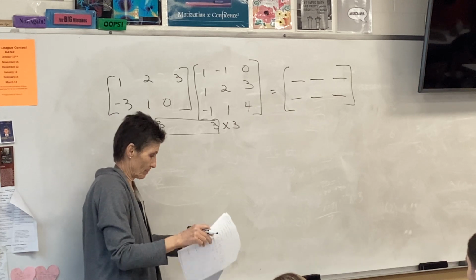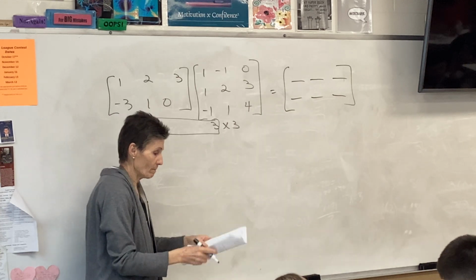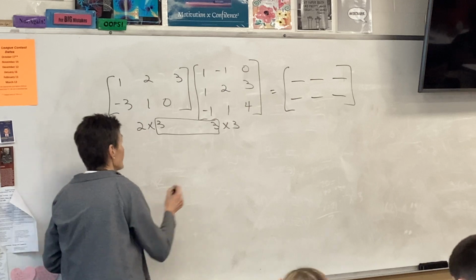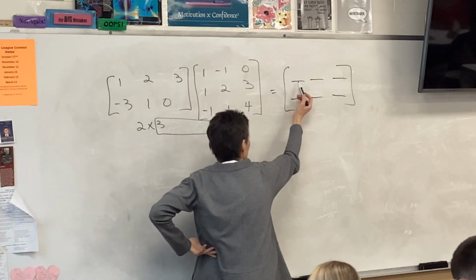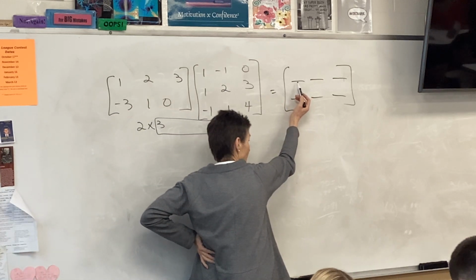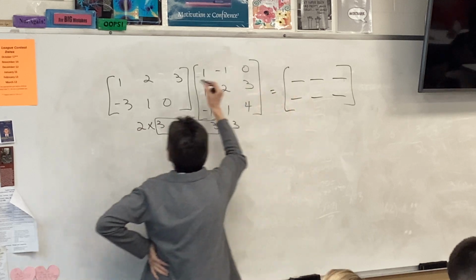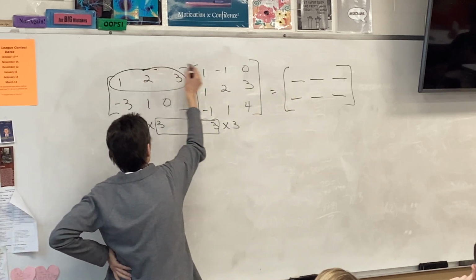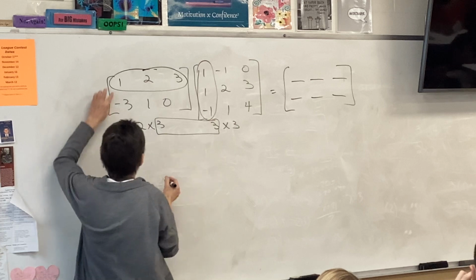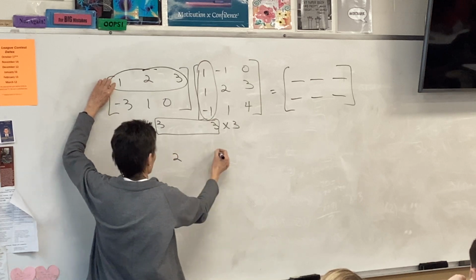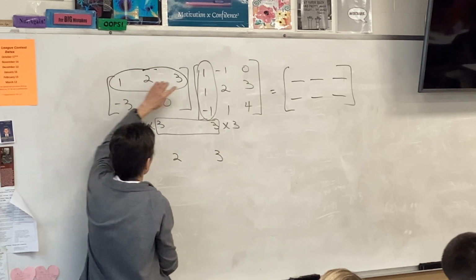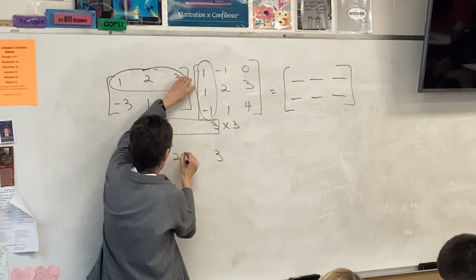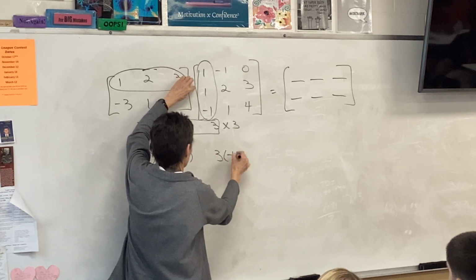Okay? Now, how am I gonna do that? Well, what is this? This guy right here is row 1, column 1. So 1, 2, 3, there's row 1. And then pair it up with 1, 1, negative 1.